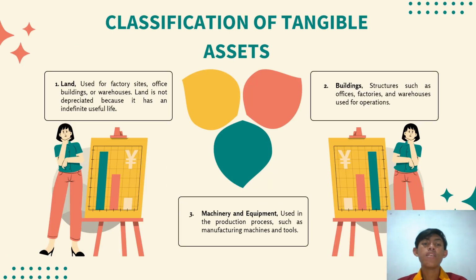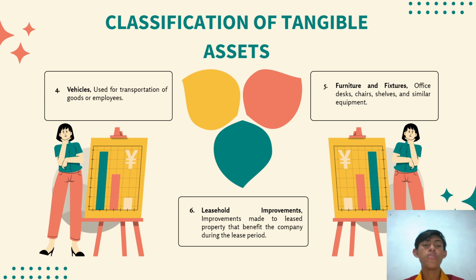Classification of tangible assets: 1. Land. Used for factory sites, office buildings, or warehouse. Land is not depreciated because it has an indefinite usable life. 2. Buildings. Structures such as offices, factories, and warehouses used for operations. 3. Machinery and equipment used in the production process, such as manufacturing machines and tools. 4.